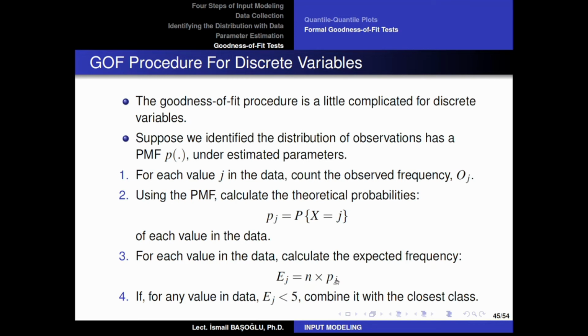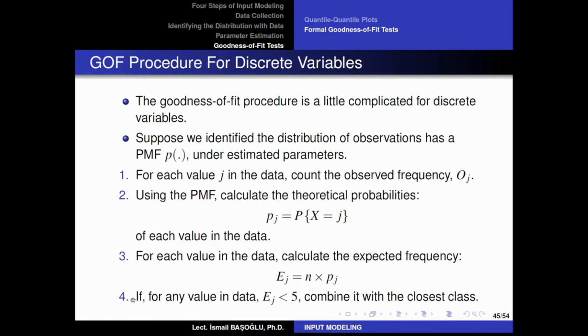So in n times p_j of the observations, we expect to observe j. This is the expected frequency, E_j. Now, if my hypothesis is really true, if this sample really follows that distribution, then these O_j and E_j values must be very close to each other.